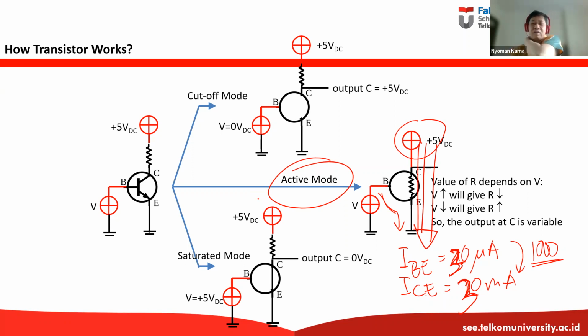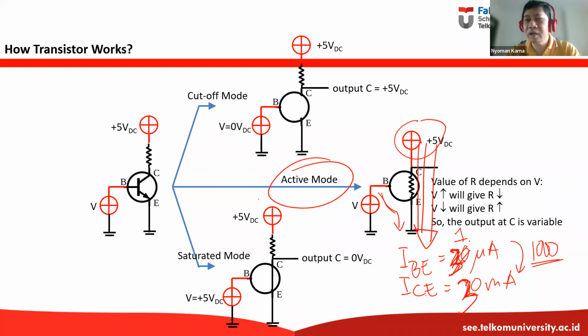Okay. Now, however, if the current is small, let's say only 1 microampere, 1 microampere is not enough to put the transistor into active mode.